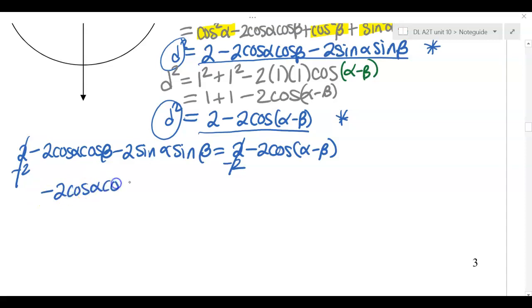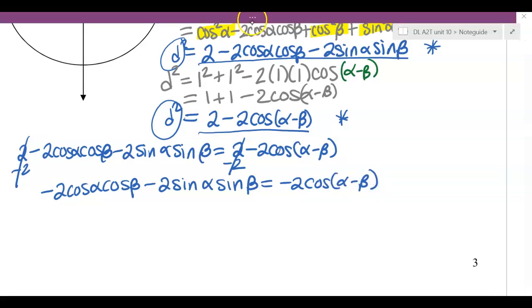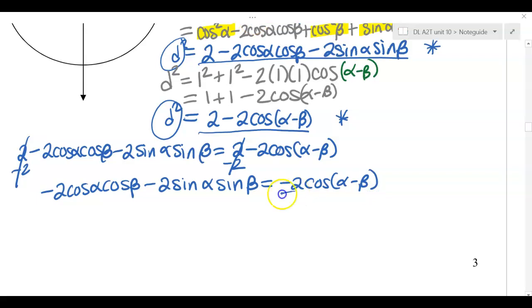I'm just going to copy this again so we can see it clearly. And now I'm going to divide by negative 2 because they all seem to have that negative 2. So I'm going to divide this side by negative 2 and this side. So on this side, that's canceled.